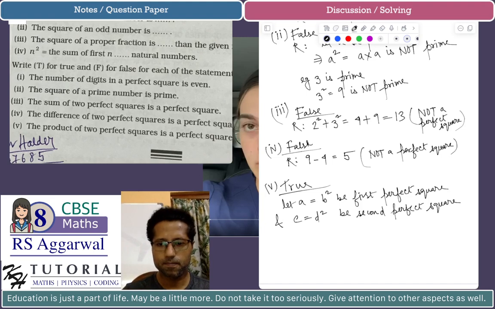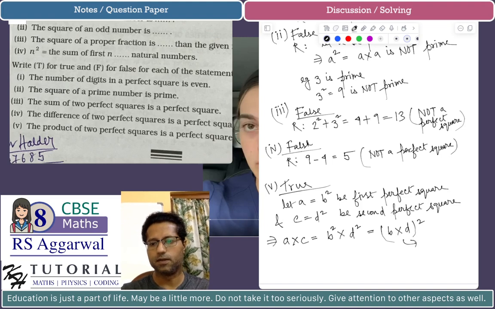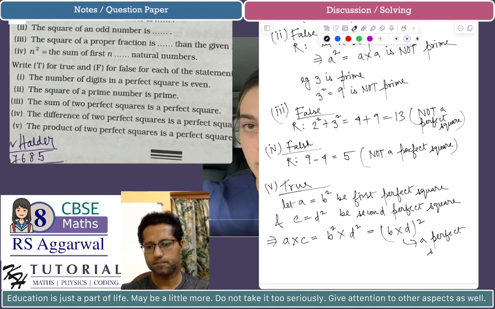Now we have to check whether A into C is a perfect square or not. The product A into C will be equal to B square multiplied by D square. We know from the laws of exponents that this is equal to B into D, whole square. This is definitely a perfect square. So this statement is true.